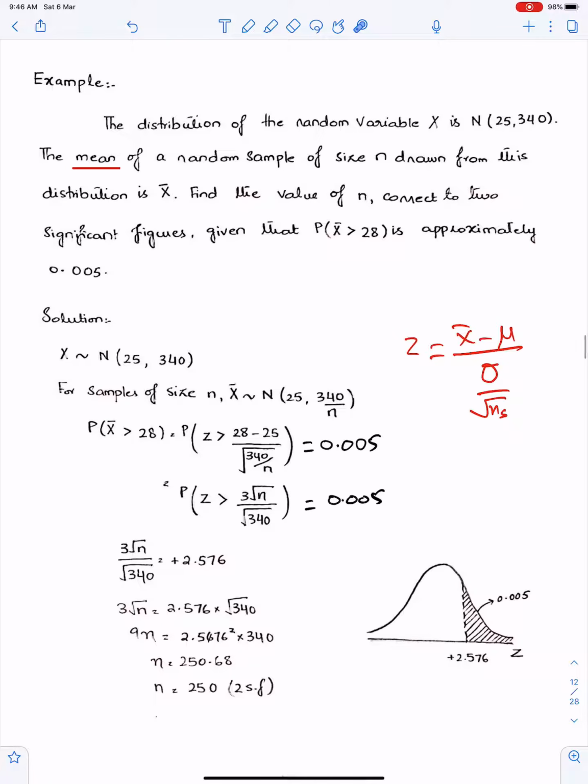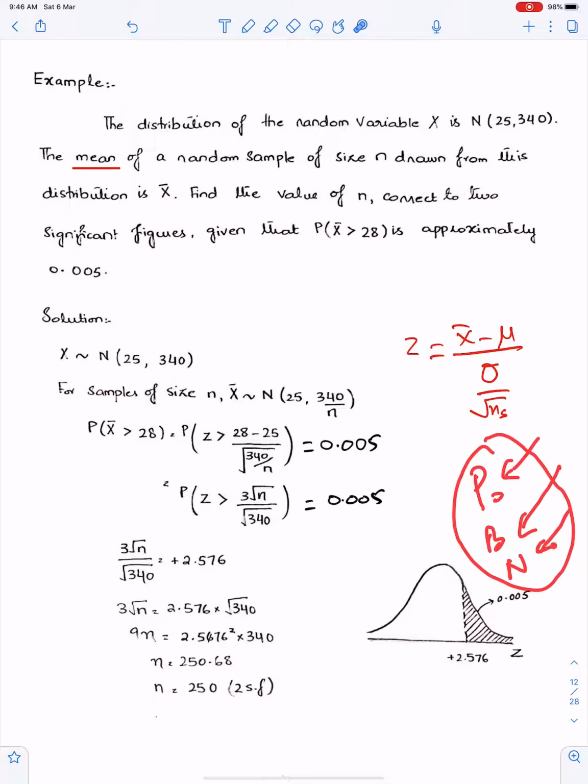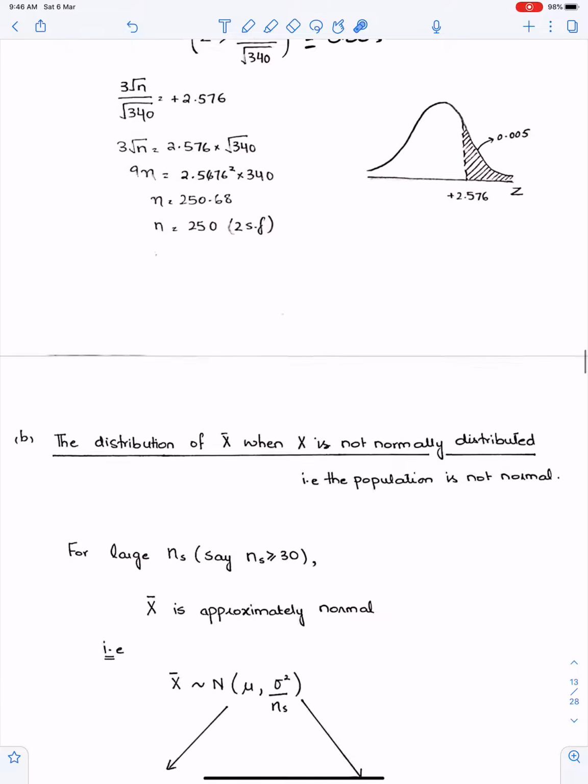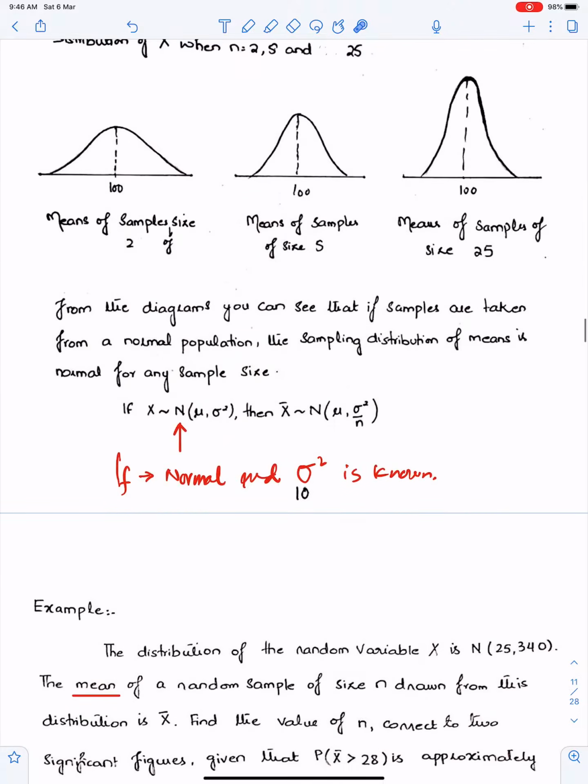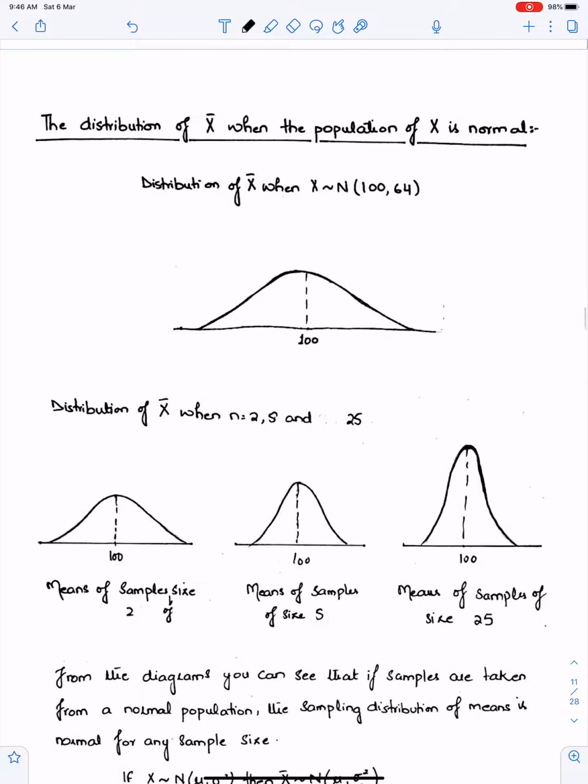For sampling, the background knowledge is Poisson distribution, binomial distribution, normal distribution. You must be good at all three distributions. This was case A. We have done this with an example as well. The distribution of x bar when x is normal and sigma square is known. I'm adding this in the heading.